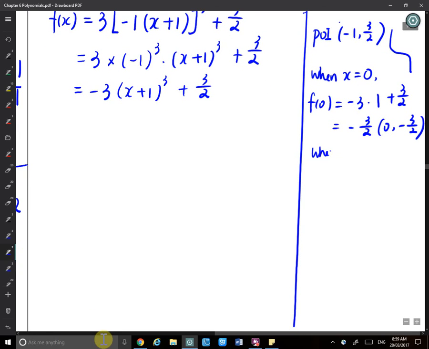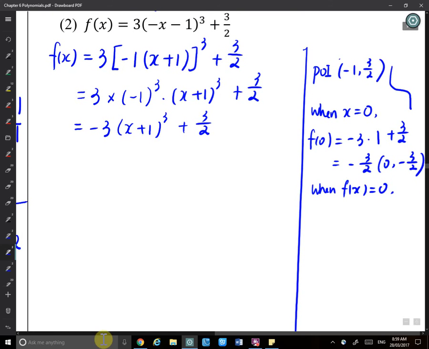Let's say when f(x) equals 0, or when y equals 0. When f(x) equals 0, I will have minus 3(x plus 1) cubed plus 3 over 2 equals 0, so minus 3(x plus 1) cubed equals minus 3 over 2. Divide that by minus 3. That gives you a half.